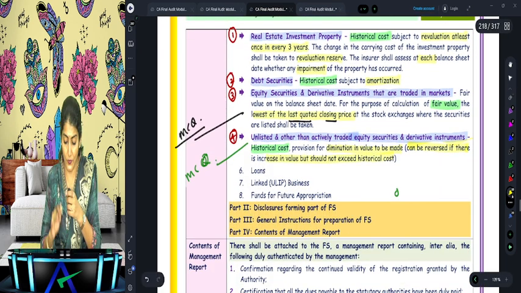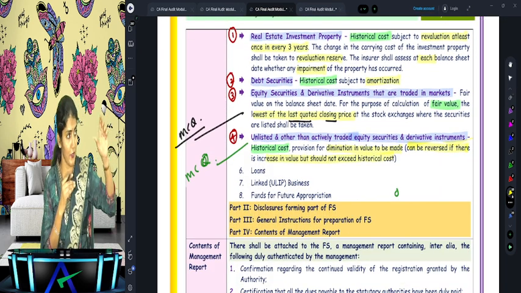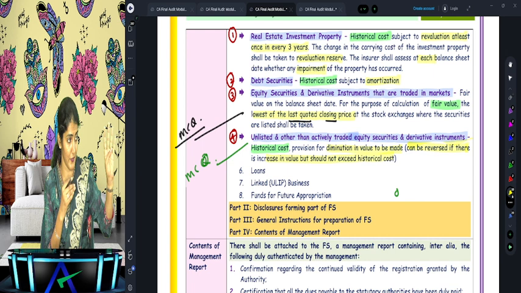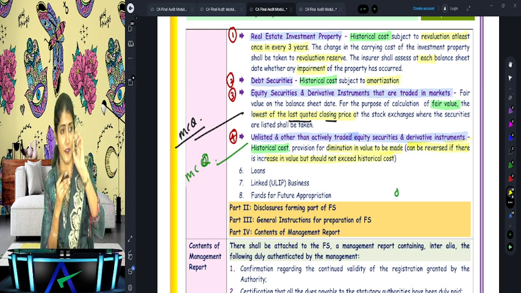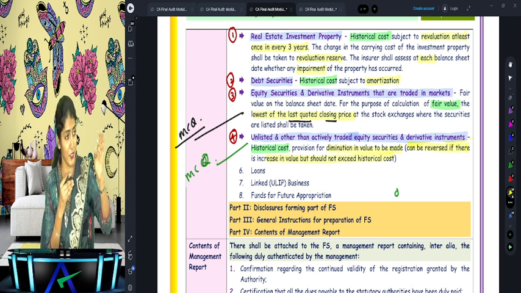Did I use three colors over here? First color for doing the classification: real estate investment property, debt security, actively traded, not actively traded. Then second color I used for the valuation: historical cost, fair value, and the historical cost. And third color for the nitty-gritties. What do we say? Revaluation once in every 3 years, impairment at each balance sheet date.